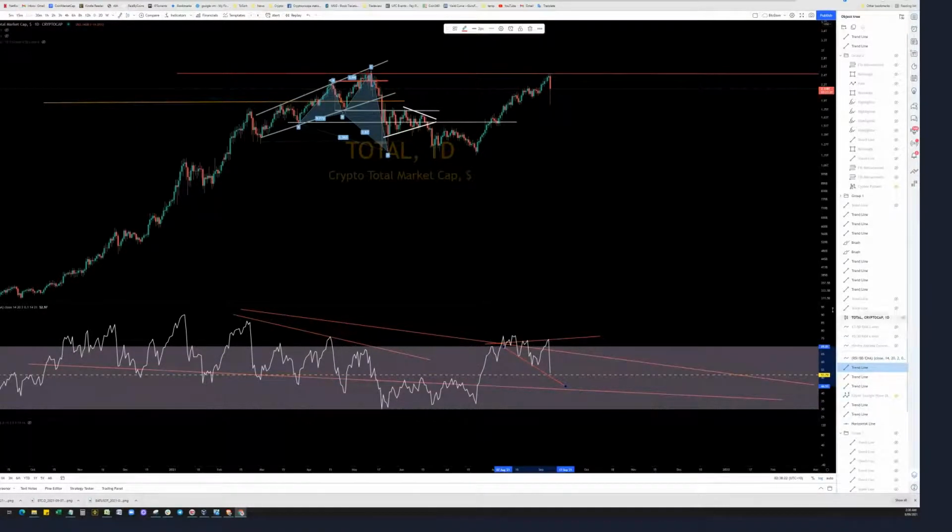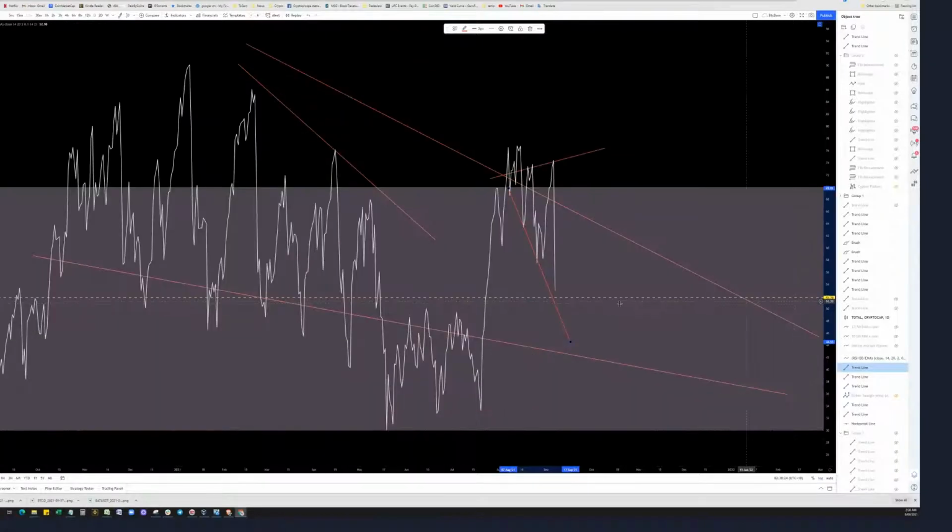If we do expand that big, yeah, so this might just come down to this, I think that's a 50% or support line. So I think it's going to come down to this level before it does a bounce.